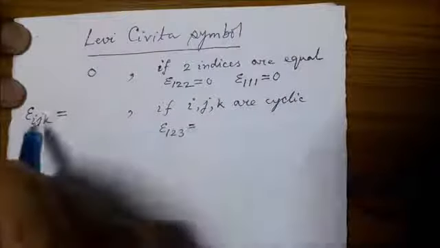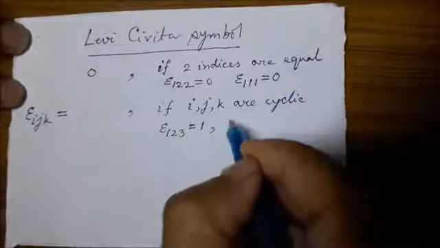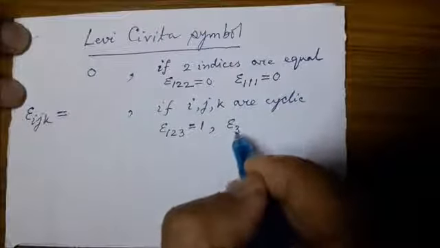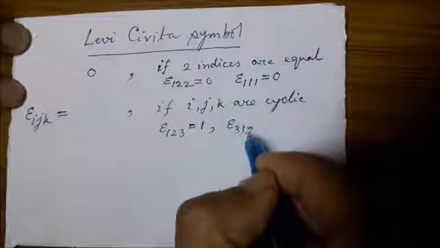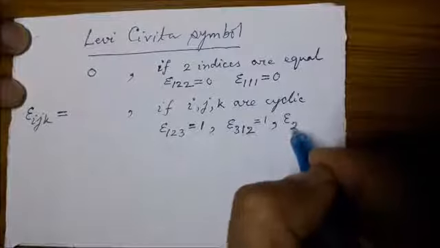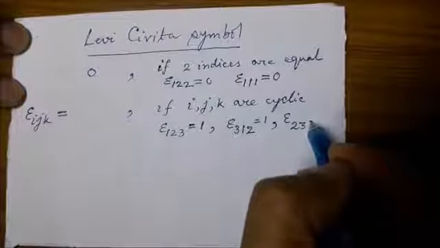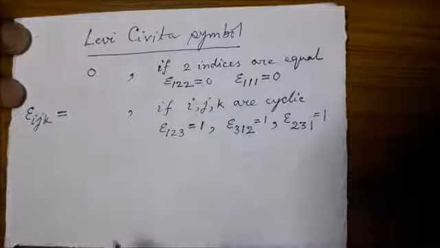Then the value of Levi Civita symbol is 1. Let us consider epsilon 3, 1, 2. After 3 comes 1, and after 1 comes 2. So this is also equal to 1. Epsilon 2, 3, 1: 2, then comes 3, which is followed by 1. So this is also 1.